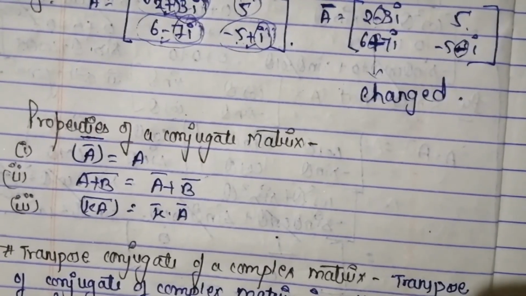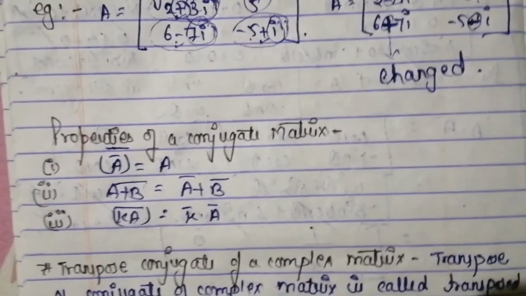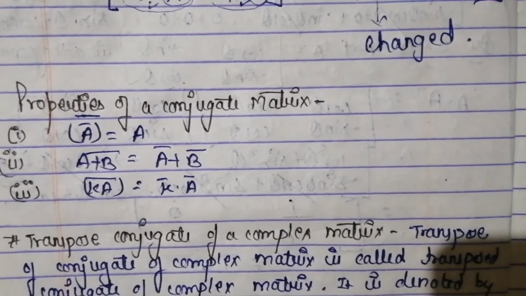We have some properties of a conjugate matrix, which we discuss one by one.